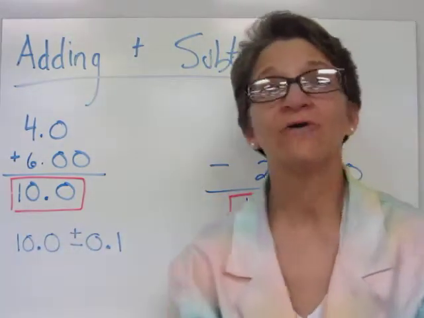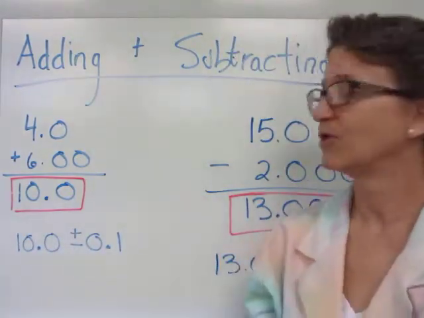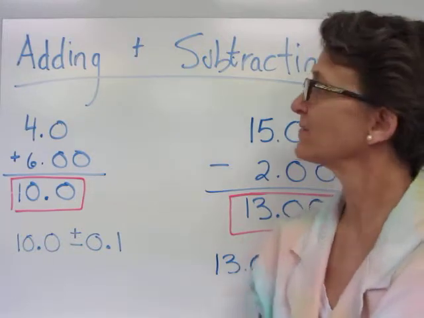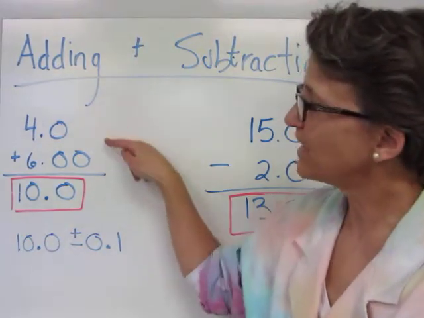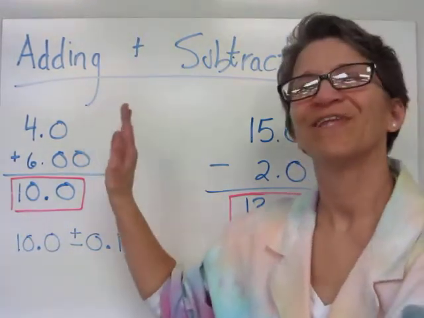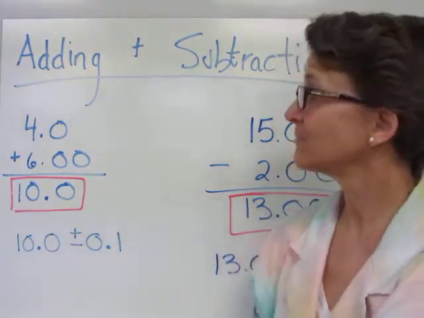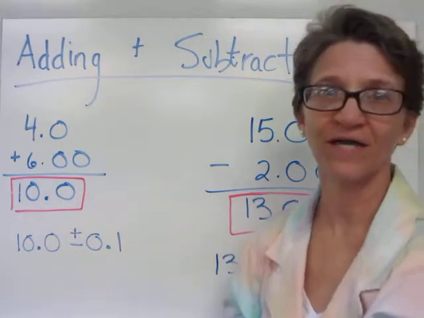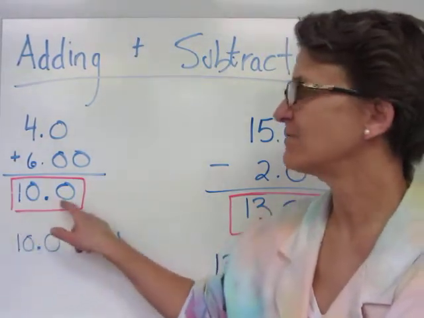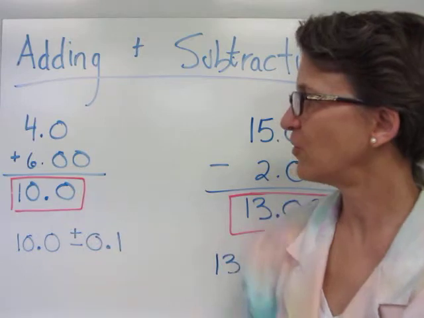A reminder about how to add and subtract when you are concerned with significant digits. When you're adding and subtracting, you don't look at the significant figures, but you look at the number of decimal places. So you're adding 4 plus 6, you all can add that to 10, but how many zeros do you put on it? None, 1, or 2.